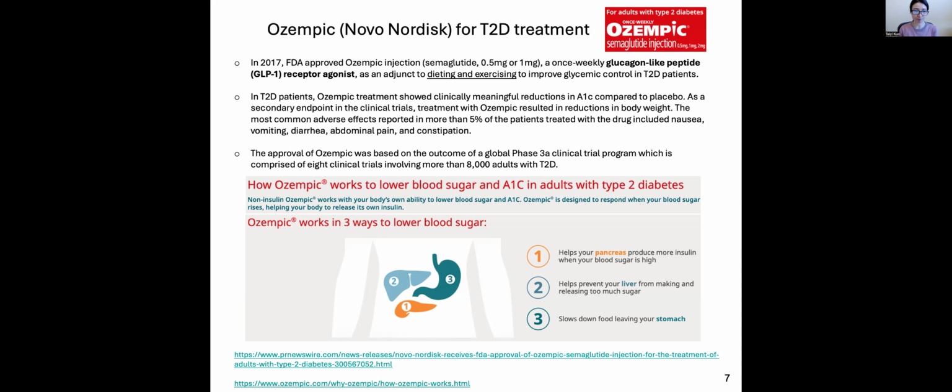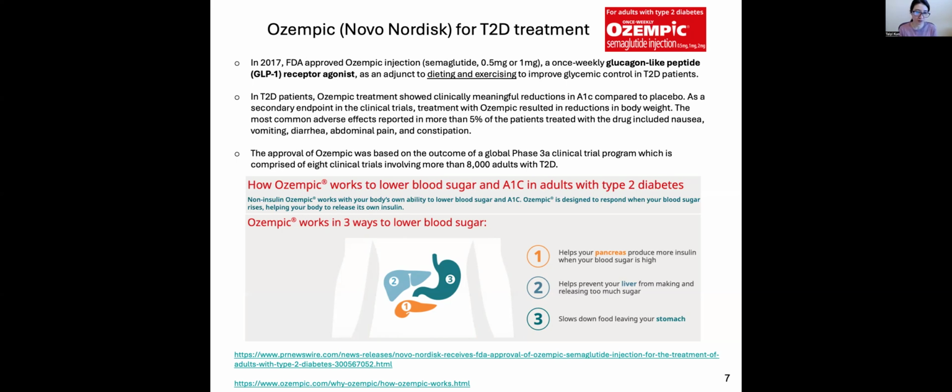That's interesting, right? And just like any drug, all drugs have side effects. They all have adverse effects. For Ozempic, patients reported nausea, vomiting, diarrhea, abdominal pain, and constipation.